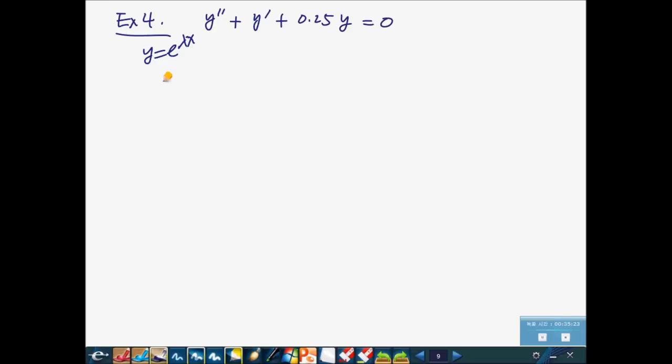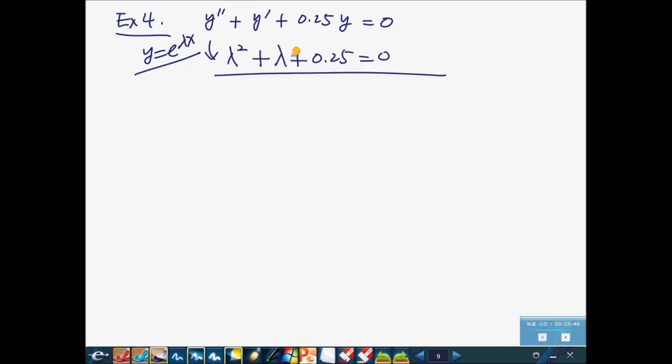As long as you understand it, the straightforward method is lambda square plus lambda plus 0.25. You will immediately get the characteristic equation right away. Okay? So the order of the derivative becomes the power of lambda, right?